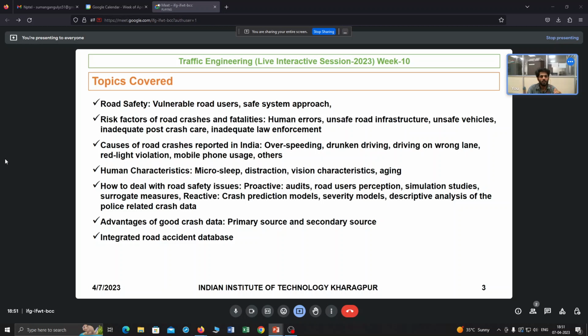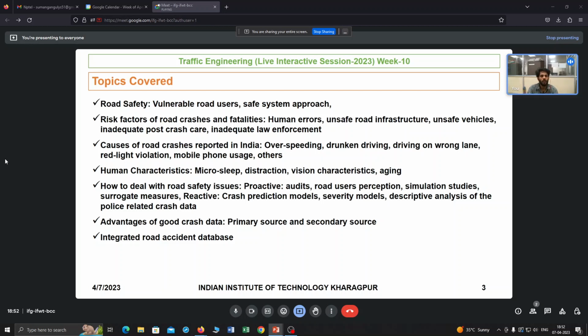Then even the vehicle you are using may be unsafe. That means maybe there are mechanical faults in your vehicle, your brake is poorly working, maybe you are using an old vehicle, like buses and trucks.